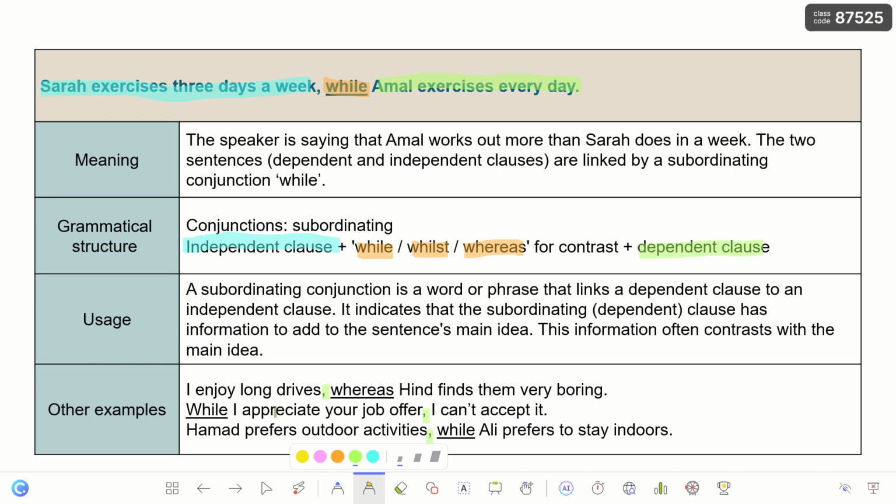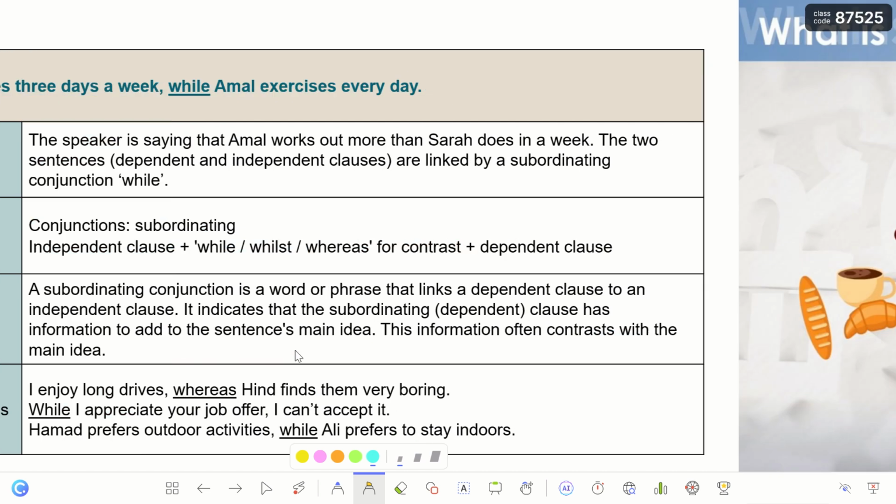While I appreciate, at the same time I can't accept it. Hamad prefers outdoor activities while Ali prefers to stay indoors. So I'm comparing between, contrasts with the main idea. I use these three to contrast, to compare between two parts, or to contrast the main ideas. This is the main function of these subordinating conjunctions.